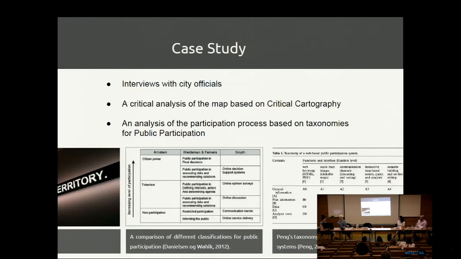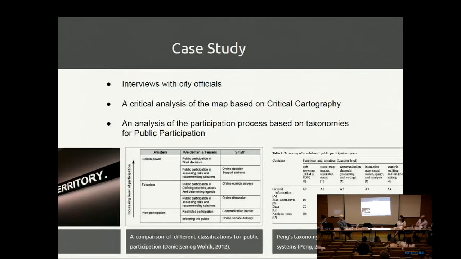Our hypothesis was that digitizing and GIS can provide new possibilities for new and improved participation, but also that it poses challenges for planners because you need sufficient skills, and also for citizens because you have varying backgrounds which can hinder the use of digital tools.